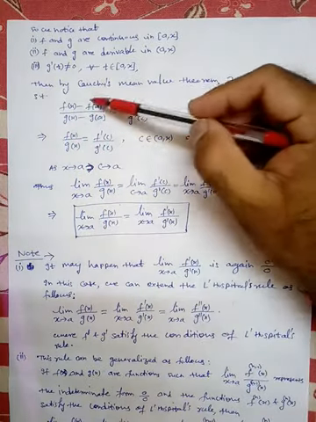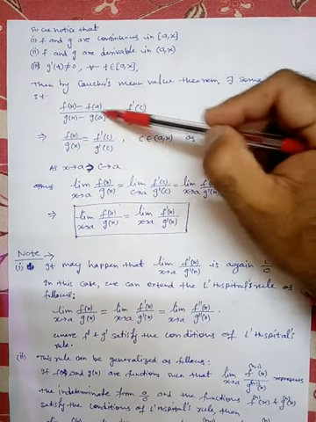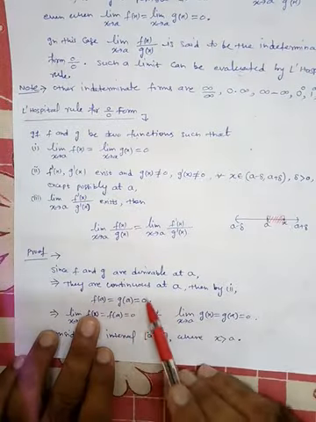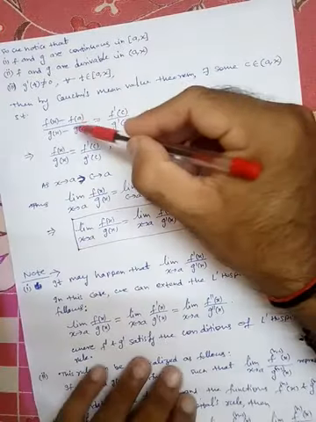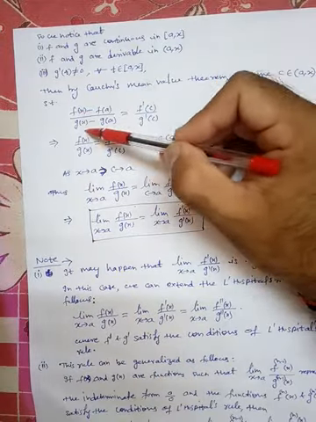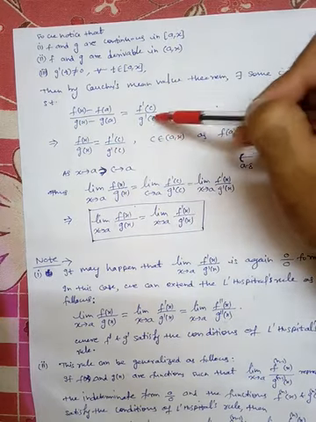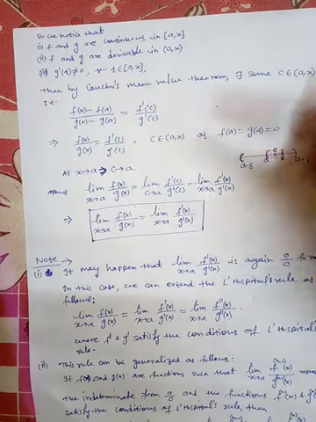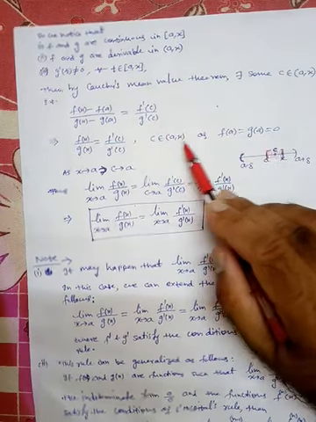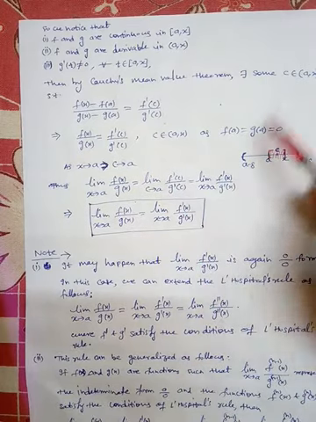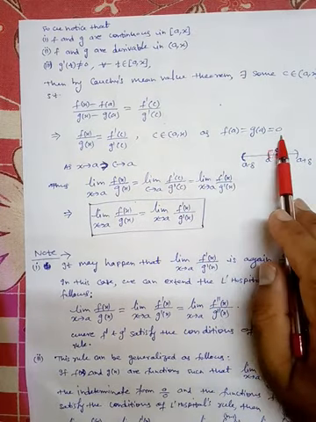But what is f of a, what is g of a? For continuity, f of a and g of a both are 0, so this is 0, this is 0. So ultimately we get f of x divided by g of x is equal to f dash c divided by g dash c, where c is any point in the open interval a to x. And f of a is equal to g of a, which is 0.